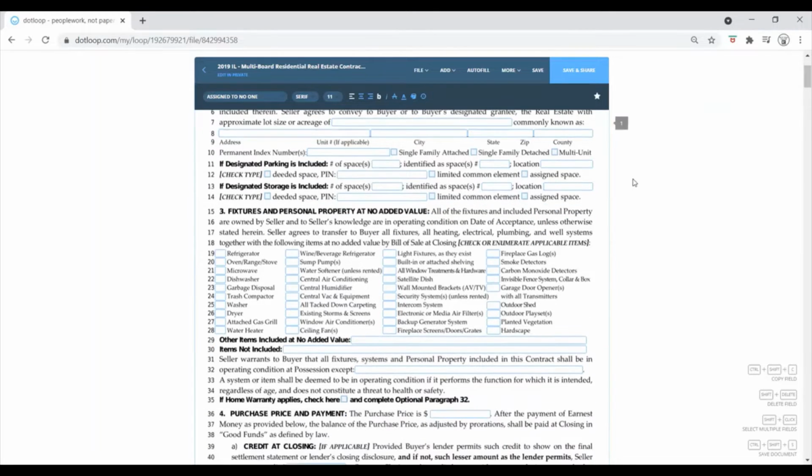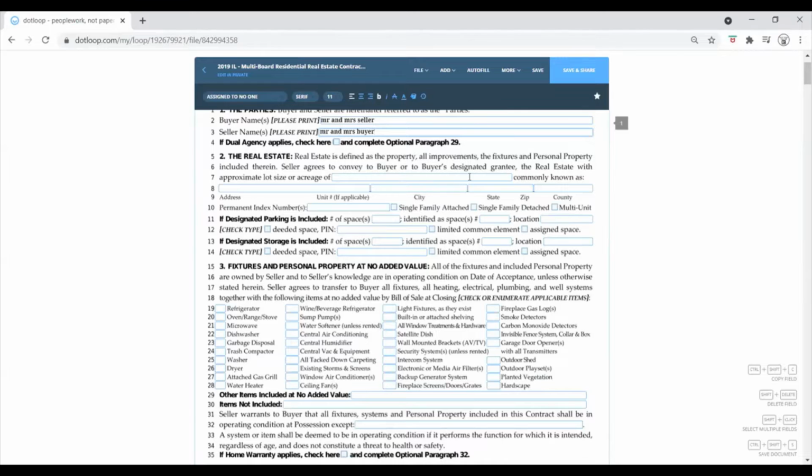All right, the real estate, we have our lot size or our acreage. Gonna put in the address.